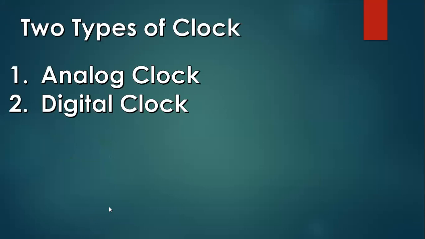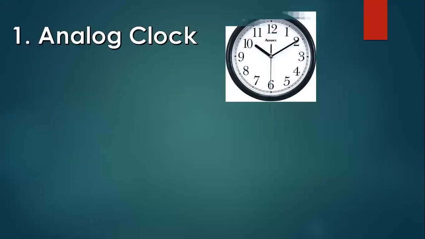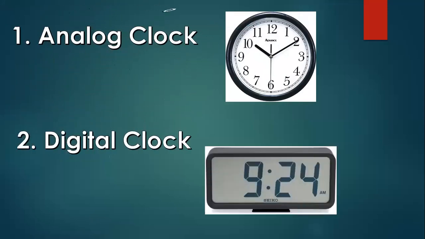As you know, we were discussing time. There are two types of clock, analog clock and the digital clock. First, we will see analog clock. This is analog clock and this is digital clock.